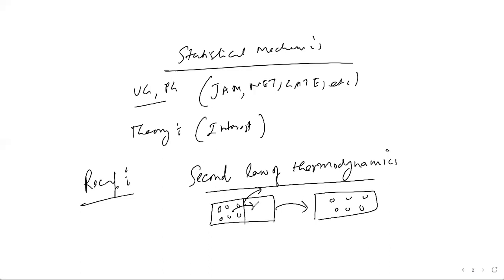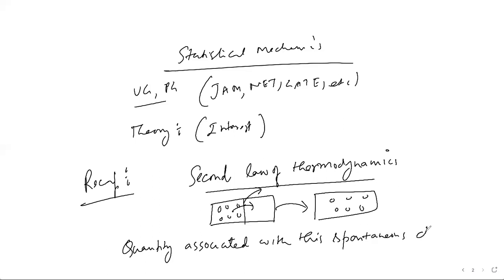We see that there is a quantity associated with this spontaneous change, which is called entropy, and we define it with the symbol S. For entropy, we have seen two equivalent interpretations.